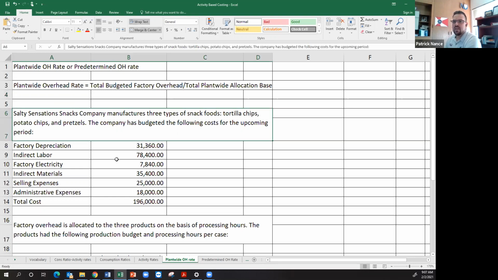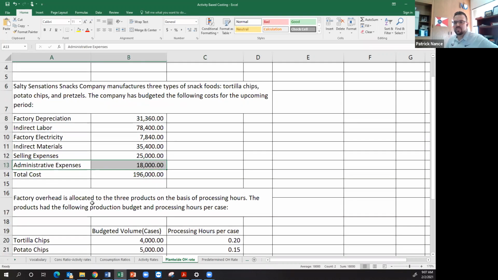So this company, Salty Sensations Snacks, manufactures 3 types of snack foods: tortilla chips, potato chips, and pretzels. The company has budgeted the following costs for the upcoming period: factory depreciation, indirect labor, factory electricity, indirect materials, selling expenses, and administrative expenses.